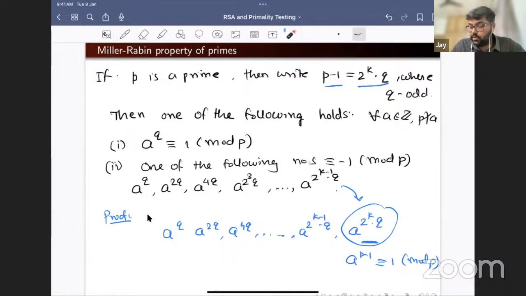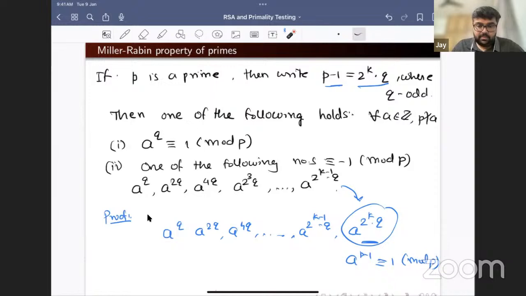If the first one is not 1, but when you are squaring, at some point you get 1, either here, then this square is equal to 1, or somewhere here we are squaring and getting 1, and the rest of the sequence is 1. So some number which is not 1, but whose square is 1, must be minus 1. So one of these must be minus 1. The proof is simple. I hope this is clear.